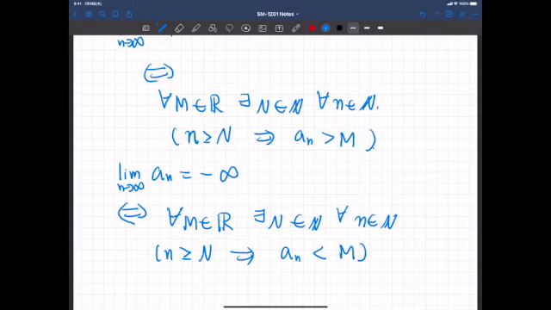This is the precise definition of divergence to negative infinity.